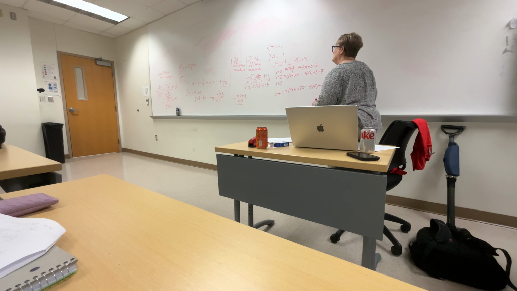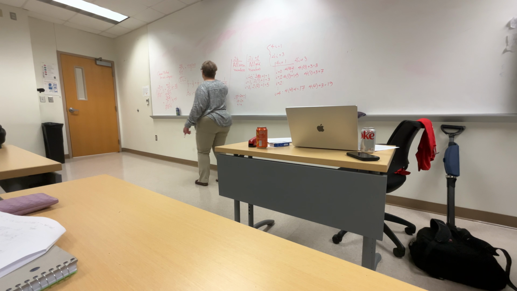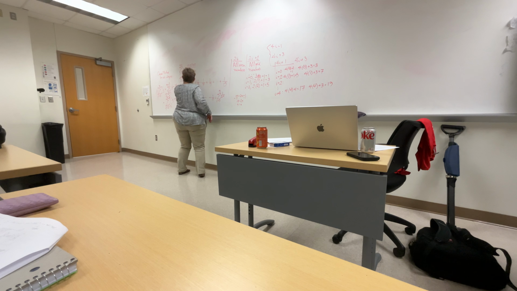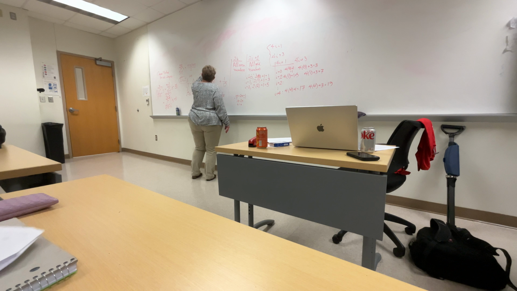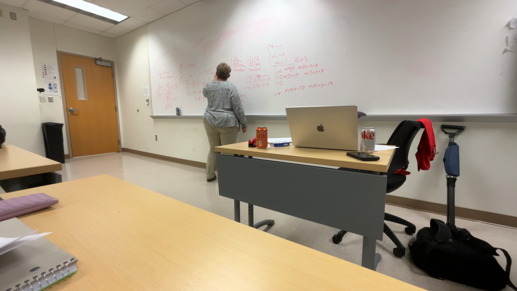And now I can see how to write this original. Because the first two are i equals 0. The second two are i equals 1. The next two are i equals 2. And the last two are i equals 4.